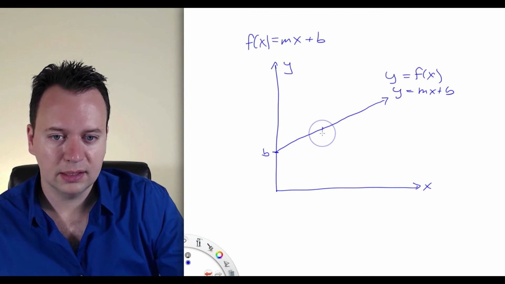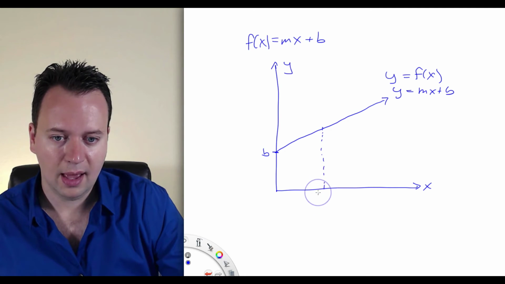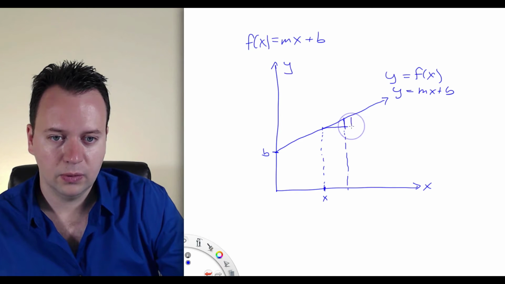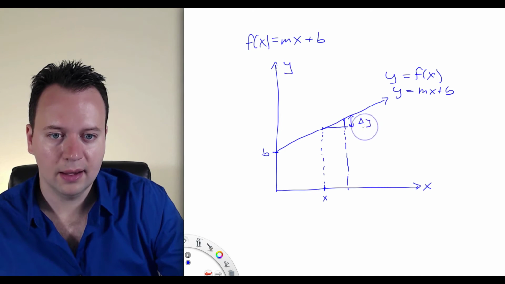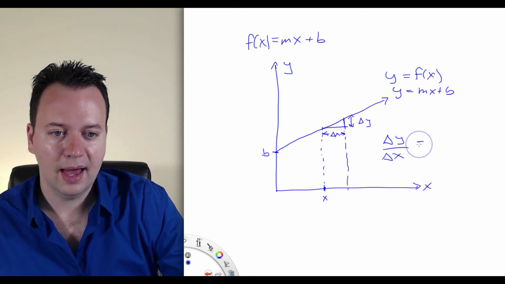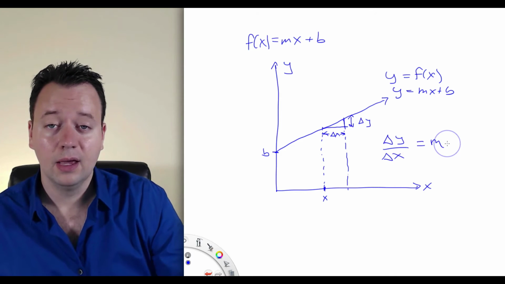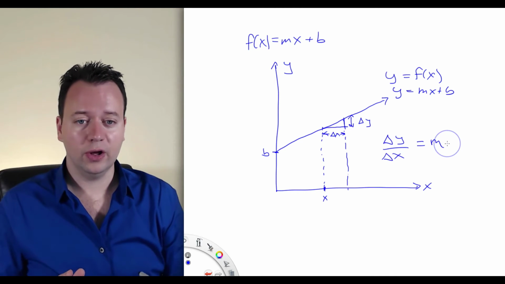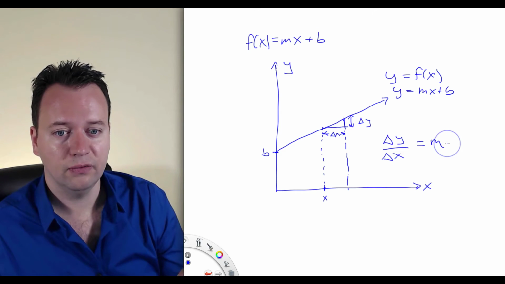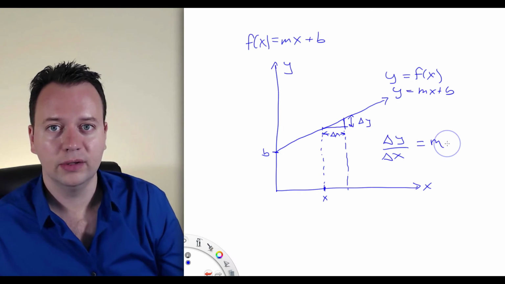What that means is that if I take any x value like this and look at a second x value, we get a small delta y and then a small delta x, and this ratio, delta y over delta x, will always equal m. It doesn't matter which 2 points we pick, when we compute the change in y divided by the change in x, we always get the slope.